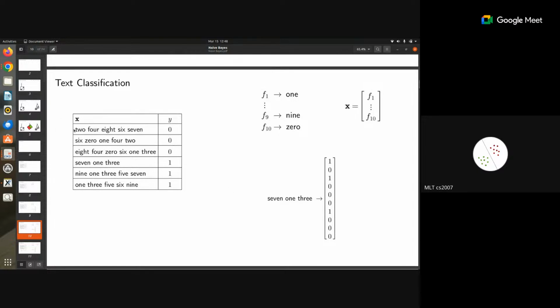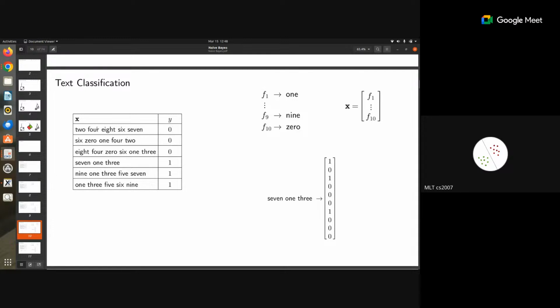So you have this kind of data set, right? You have the features X, you have the corresponding labels Y. What is this first example given to me? Some numbers, right? Let's say 2, 4, 8, 6, 7. Okay, this is the training data.